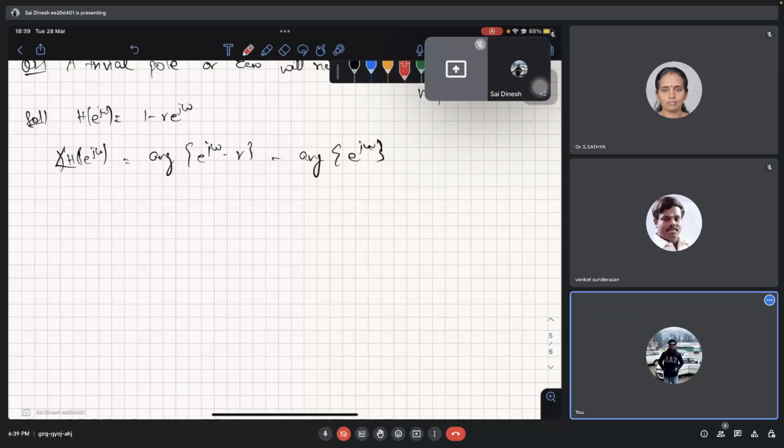And this is the contribution from the trivial pole. So overall phase is equal to theta 1 minus theta 2.